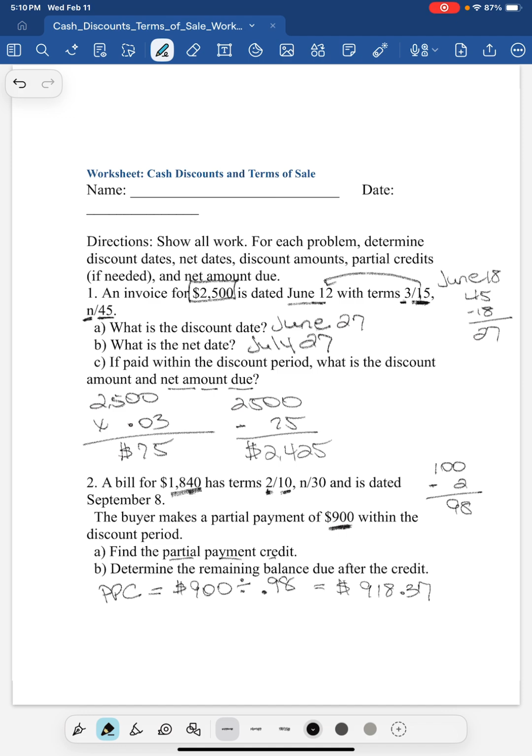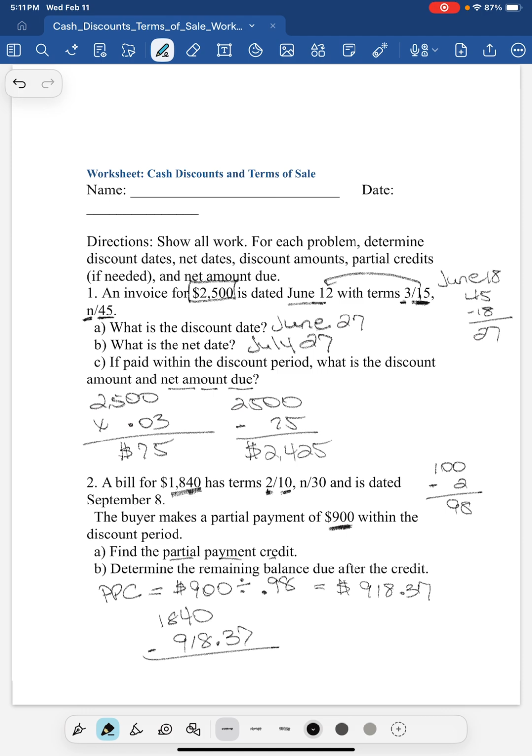Okay? That's how you figure that. There's more information about that in your module. I know that is a little bit confusing. So to determine the remaining balance, you just start with your beginning amount and subtract your partial payment credit.